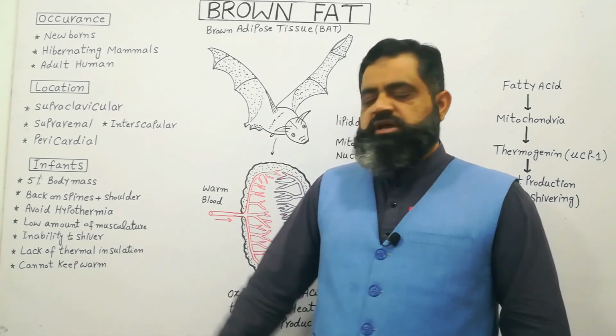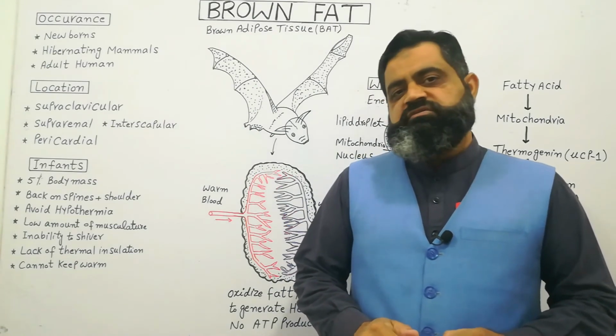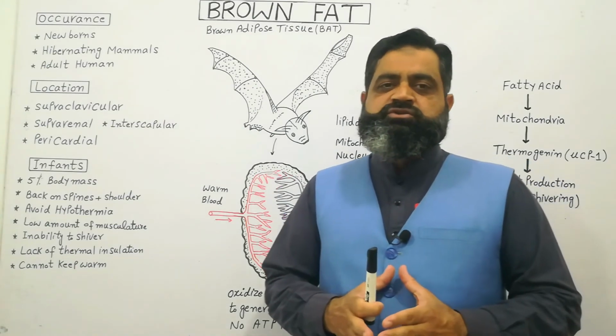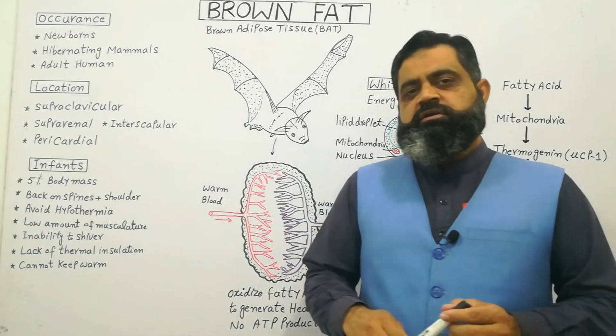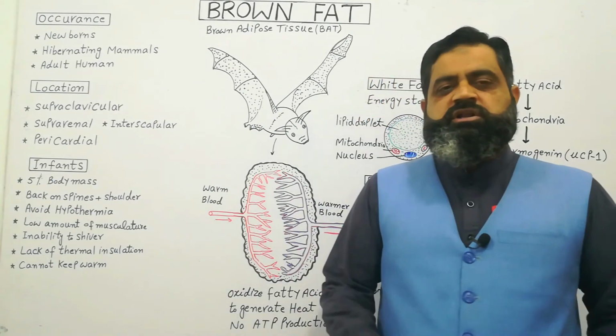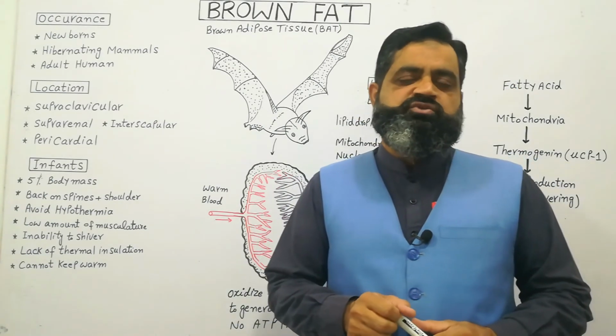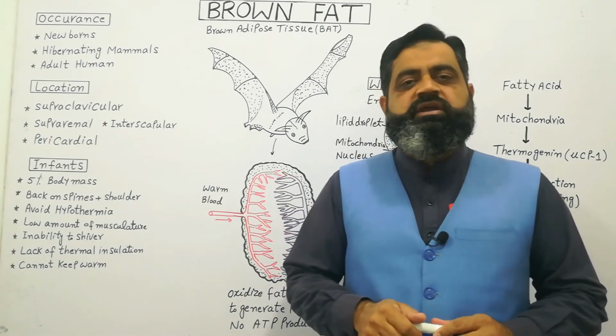The other thing is that infants and newborn babies are unable to shiver. The inability to shiver also makes brown fat much more available for thermogenesis. Similarly, there is a lack of thermal insulation in infants, because they do not have an insulating layer underneath the skin like an adult has.